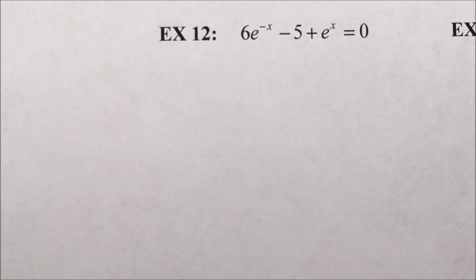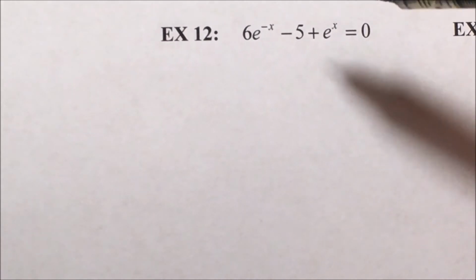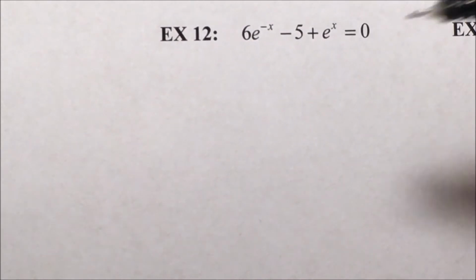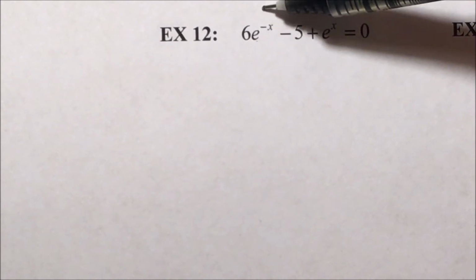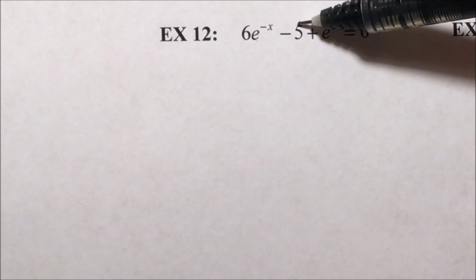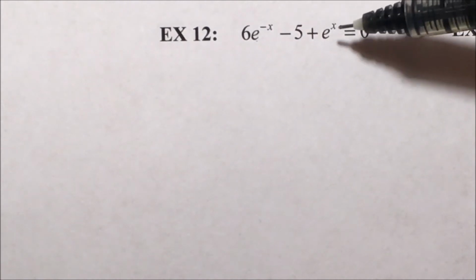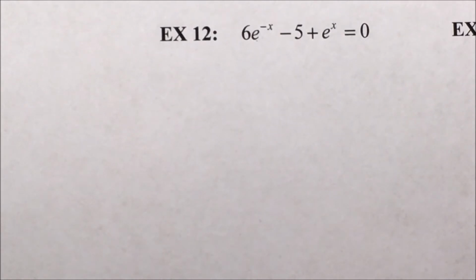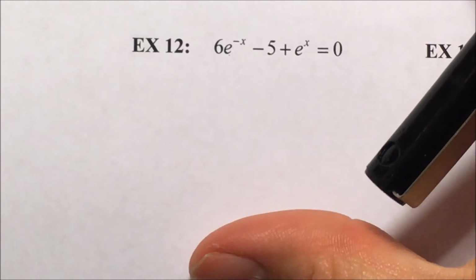So I'm going to add two things to get rid of that negative. Now, one thing that might help out if we plan ahead a little bit is multiplying by e to the x, because it gets rid of this guy. Since their powers would be 0, it'll introduce an e to the x here, which is okay because I had other problems like that, and it creates the e to the x squared. It'll become quadratic after we do that. So let's go ahead and try that and see what happens.